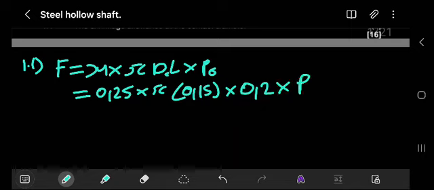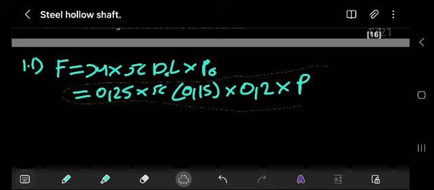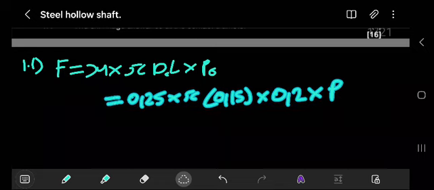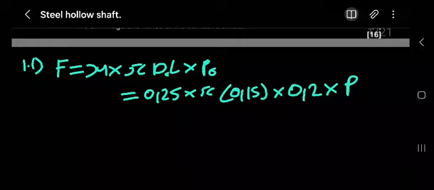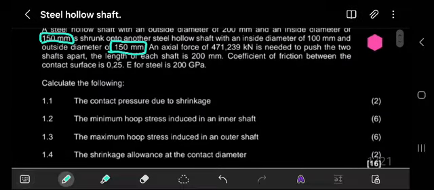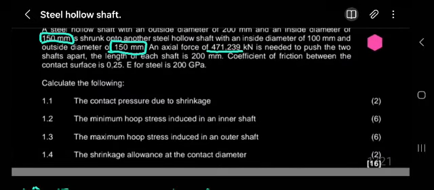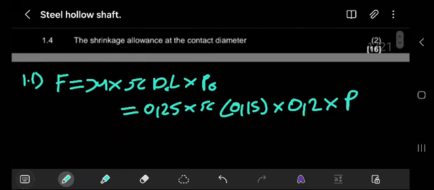Then the force we've been given is 471.239 kilonewton, if I'm not mistaken.